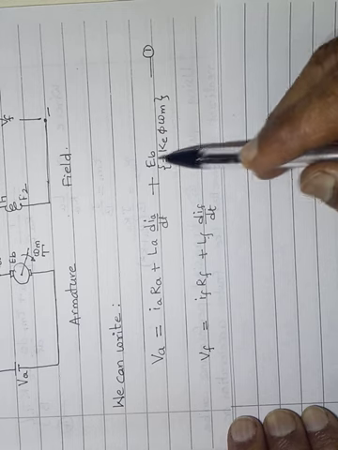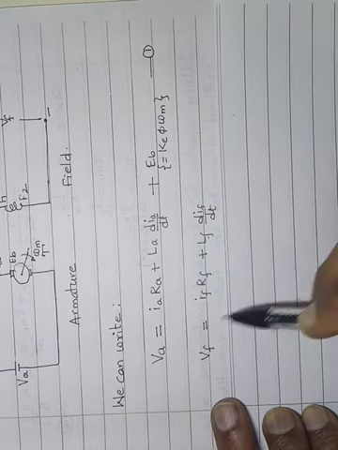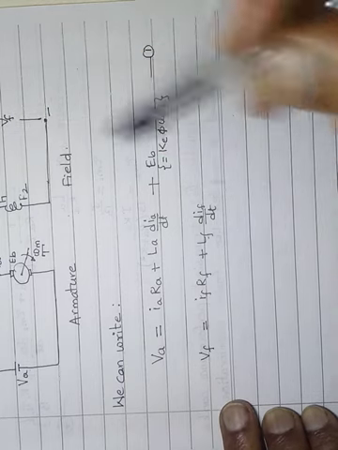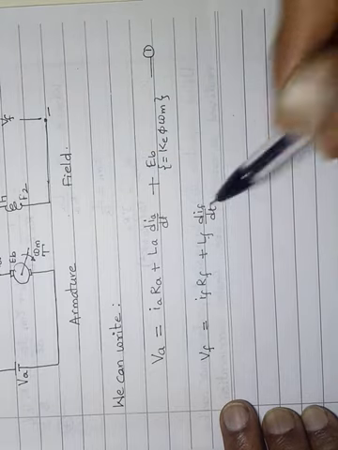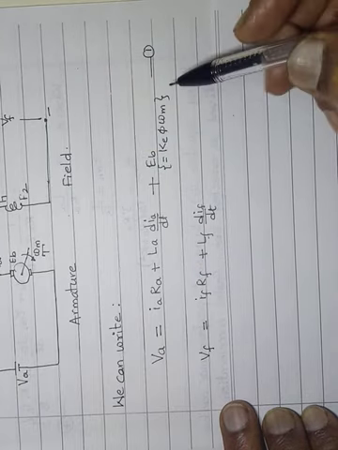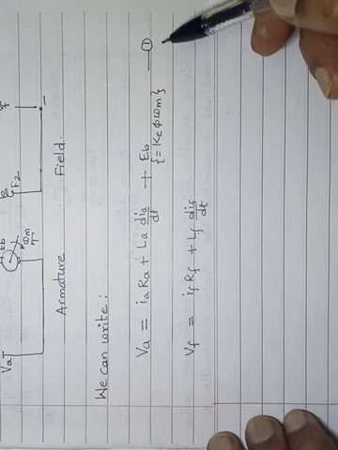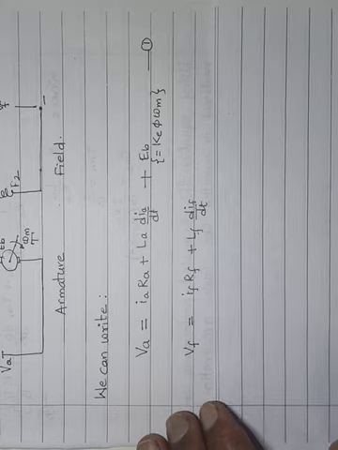So EB we can write like this also, KE phi omega m. And then VF equal to IF RF plus LF dIF by dt. Okay, I will take this as equation 1. So we have written the KVL equations for armature and then the field.